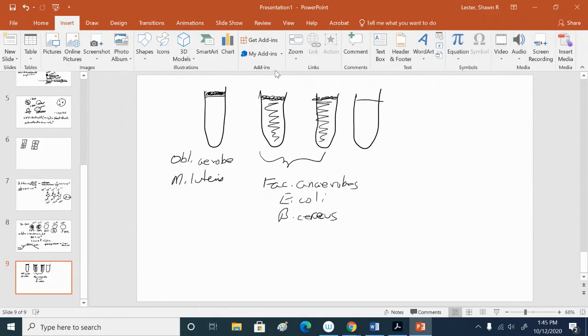And then the last one, remember that was a messed up tube? It made CO2 gas, which cracked and broke the agar. But there was no growth at or near the surface. It was all further down in the agar. So what kind of organism is that?